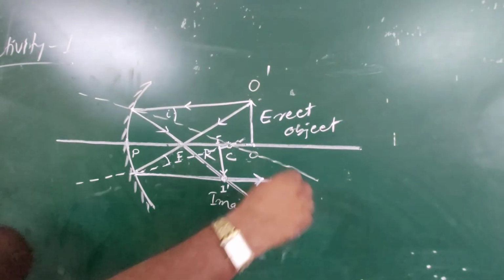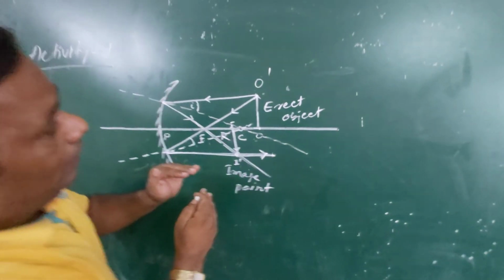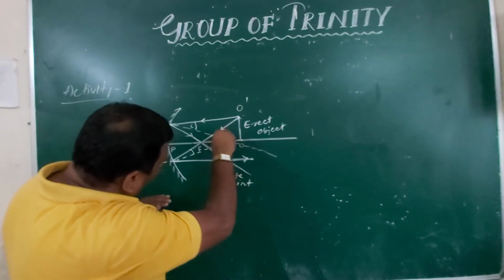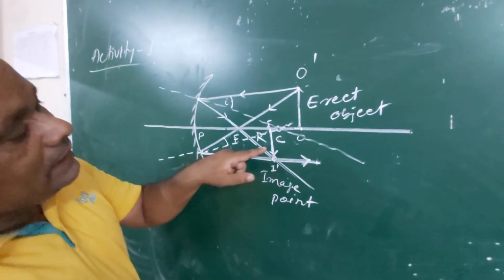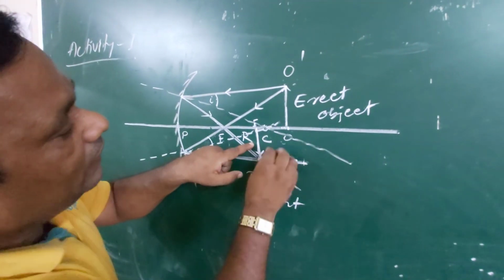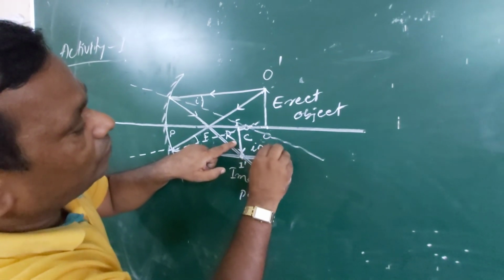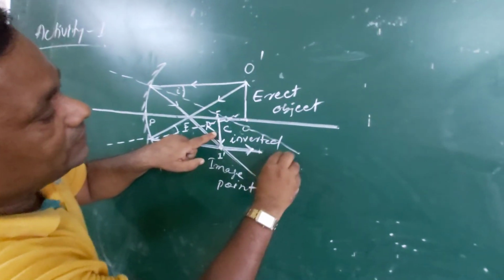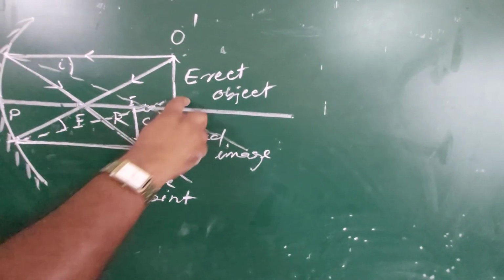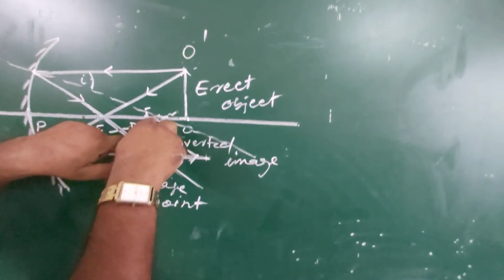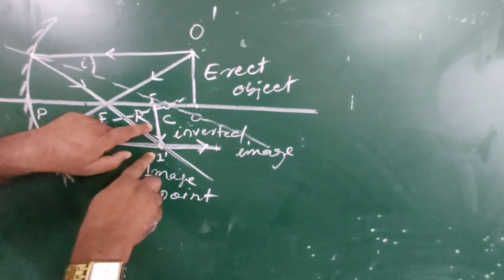Then when the image is formed below the principal axis, this is called the inverted image. The object is in the erect position and this is the inverted position, right?